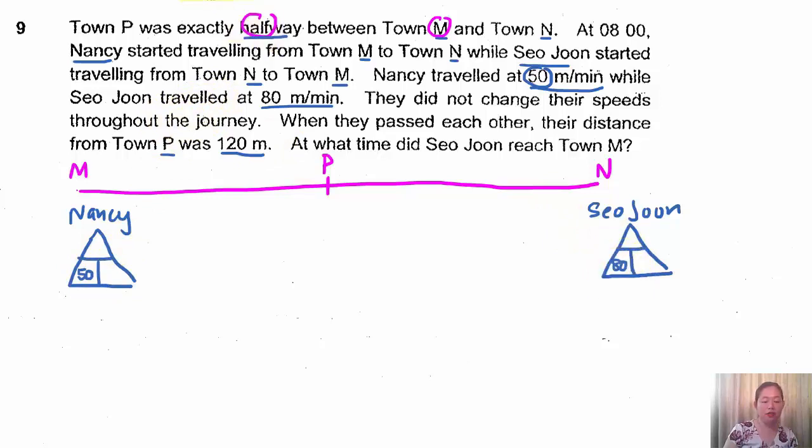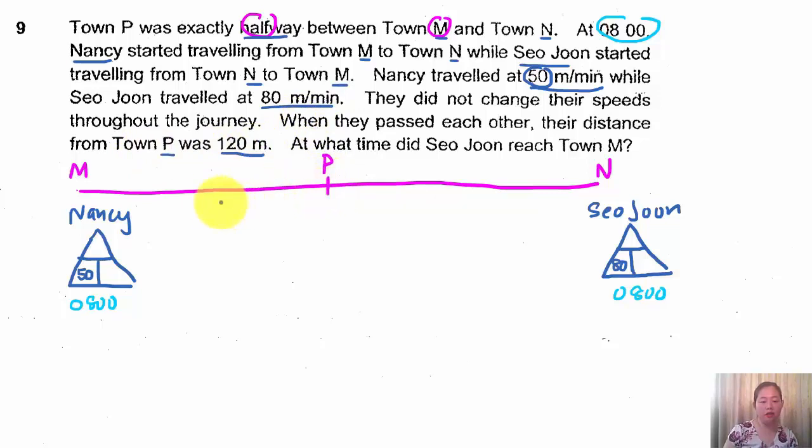The next information we need is that Nancy started at 8, and Seo Jun started at 8 too. So both started at 8 a.m. And finally, when they meet, they will be 120 meters from P, which is from here.